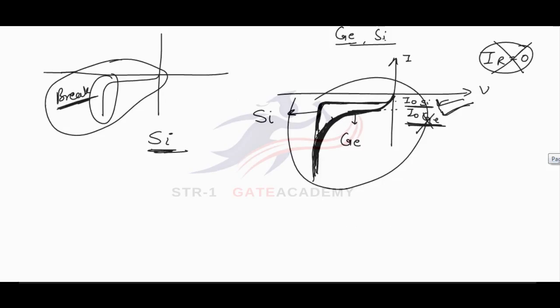Now we will discuss what is breakdown. There are two type of breakdowns that are observed in diodes. One is Zener breakdown, and Zener diode is fabricated specially for this breakdown. And another one is avalanche breakdown.